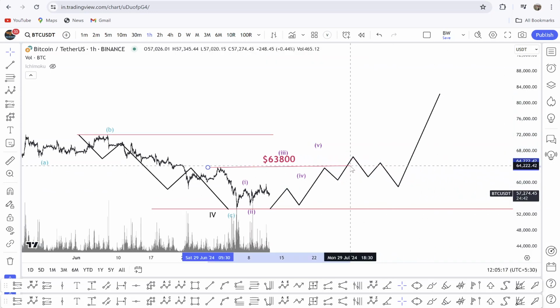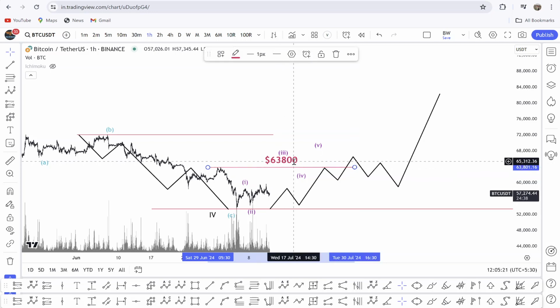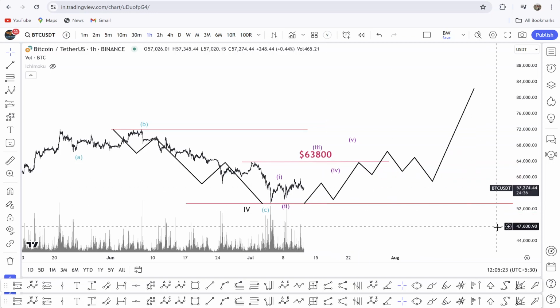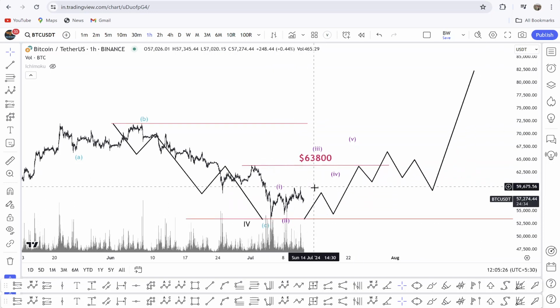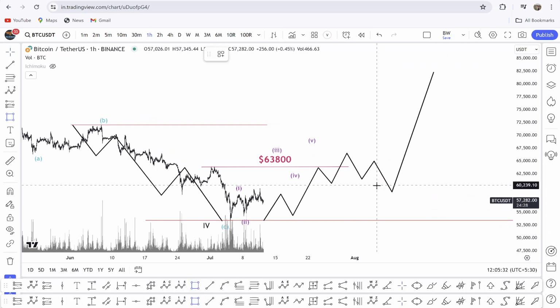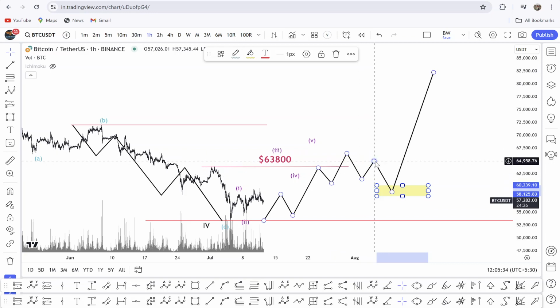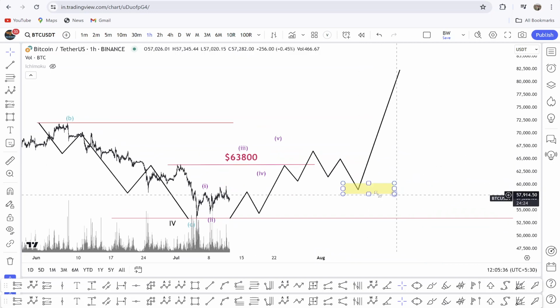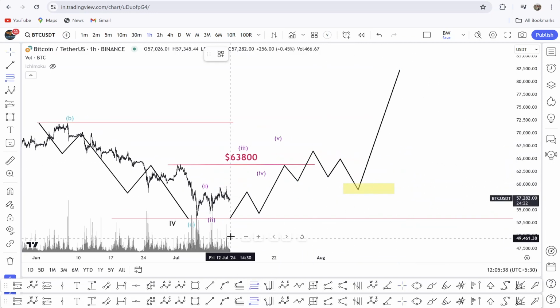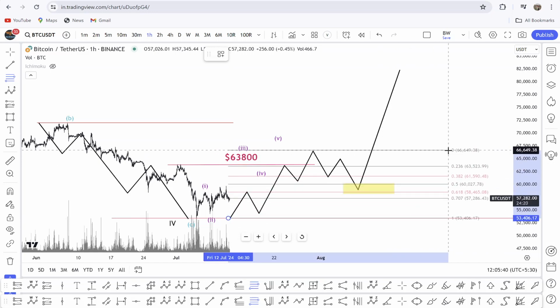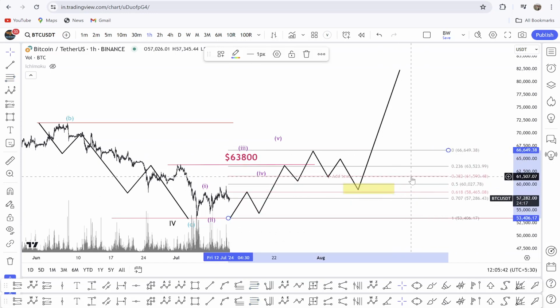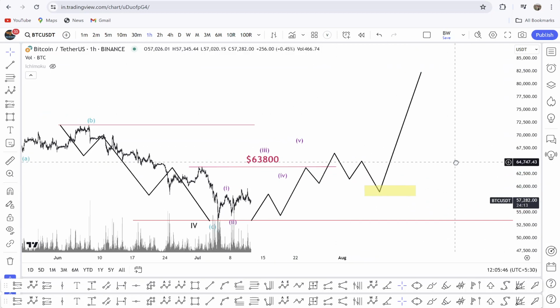So the conclusion is first we have to reach these levels, 63,800, and it should be in 5 waves, then correction, then you enter here. After this A, B, C correction, it may be 38.2 or 61. 61 or 38.2 Fibonacci levels you have to see.